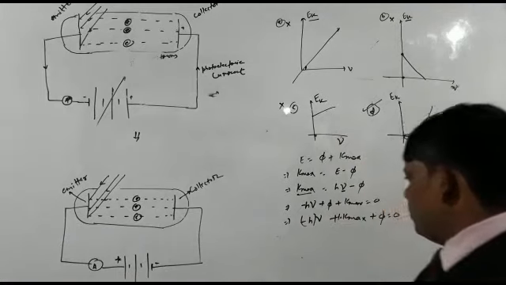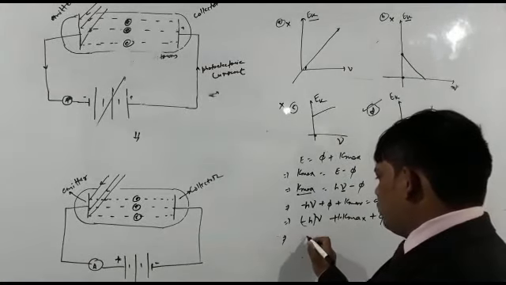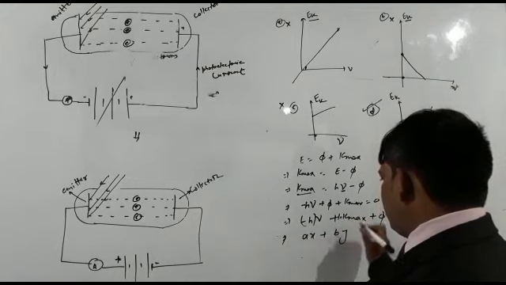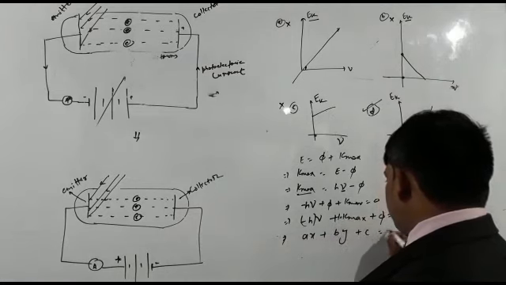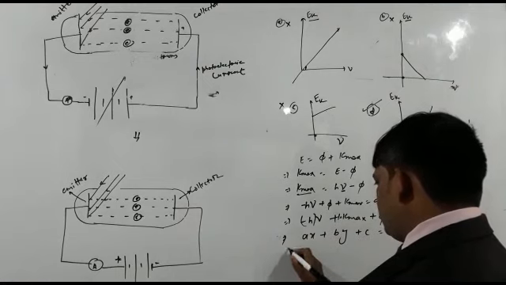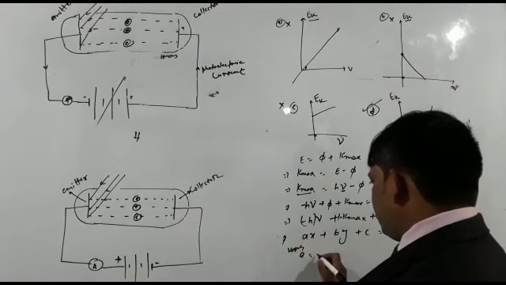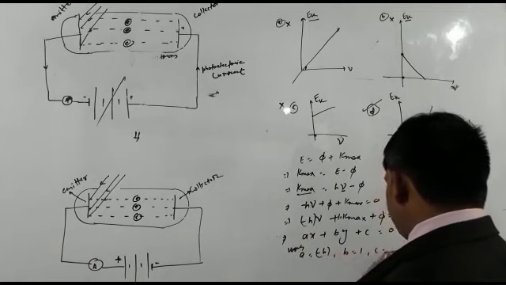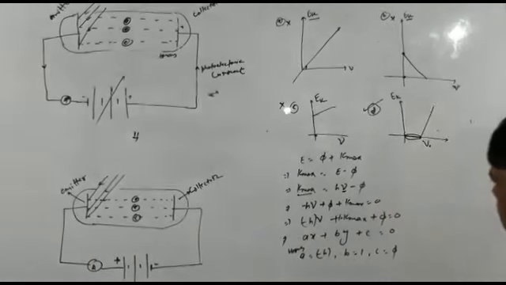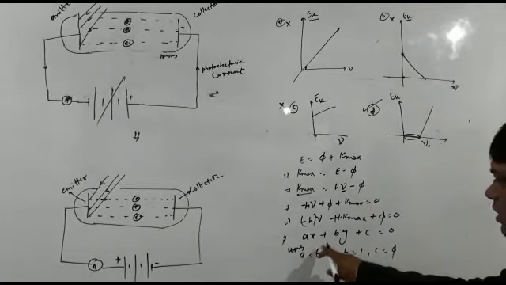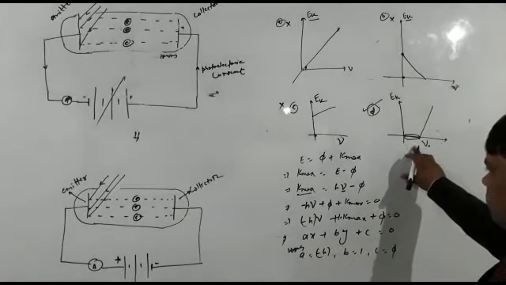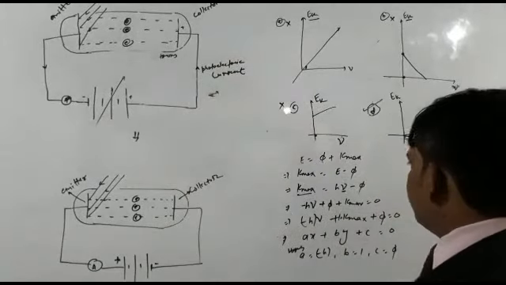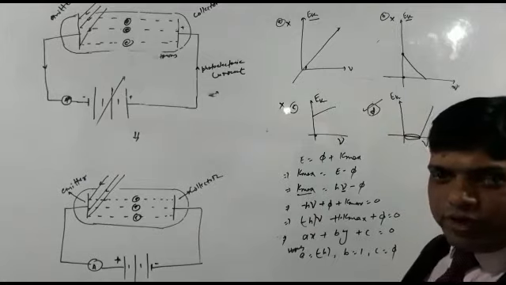This is identical to the equation of a straight line, ax plus by plus c is equal to 0. Here a is equal to minus h, b is equal to 1 and c is equal to phi. So the graph will be a straight line for the frequency of the incident radiation greater than the threshold frequency.